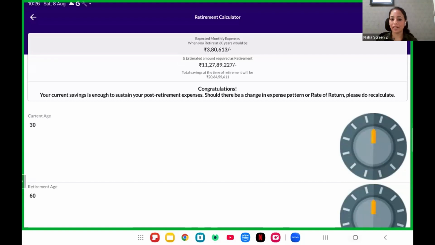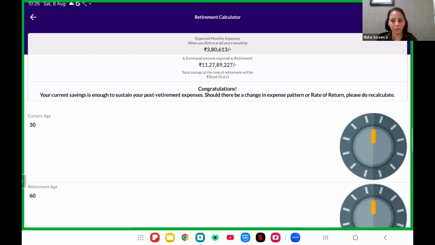And the estimated amount required at the time of retirement is approximately 11.27 CR. So the total savings at the current rate at the time of retirement will be 20 CR approximately, right? So the current savings are enough to sustain his post-retirement expenses.